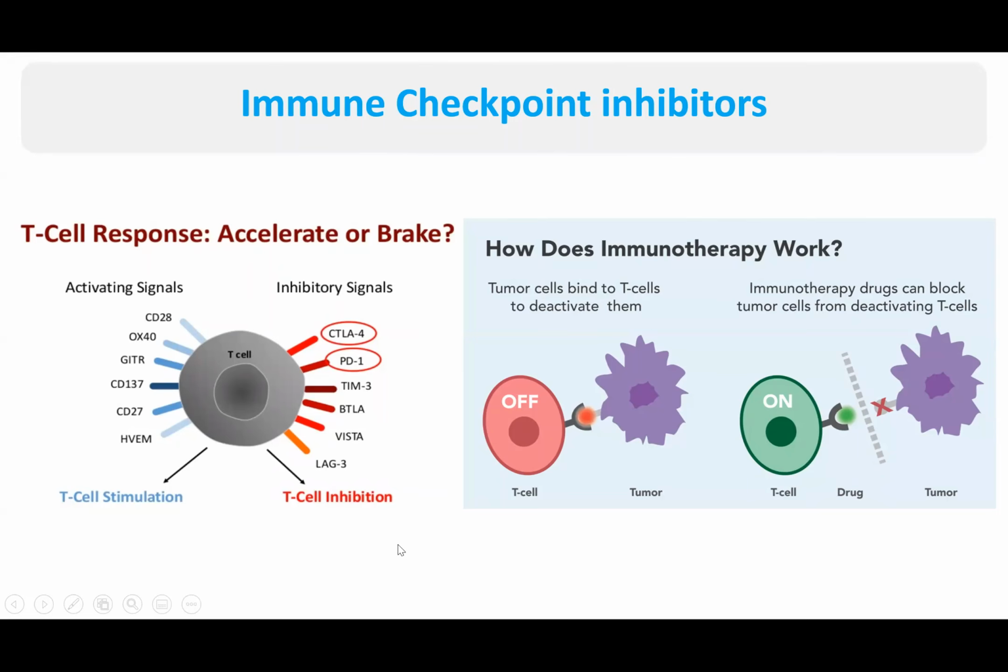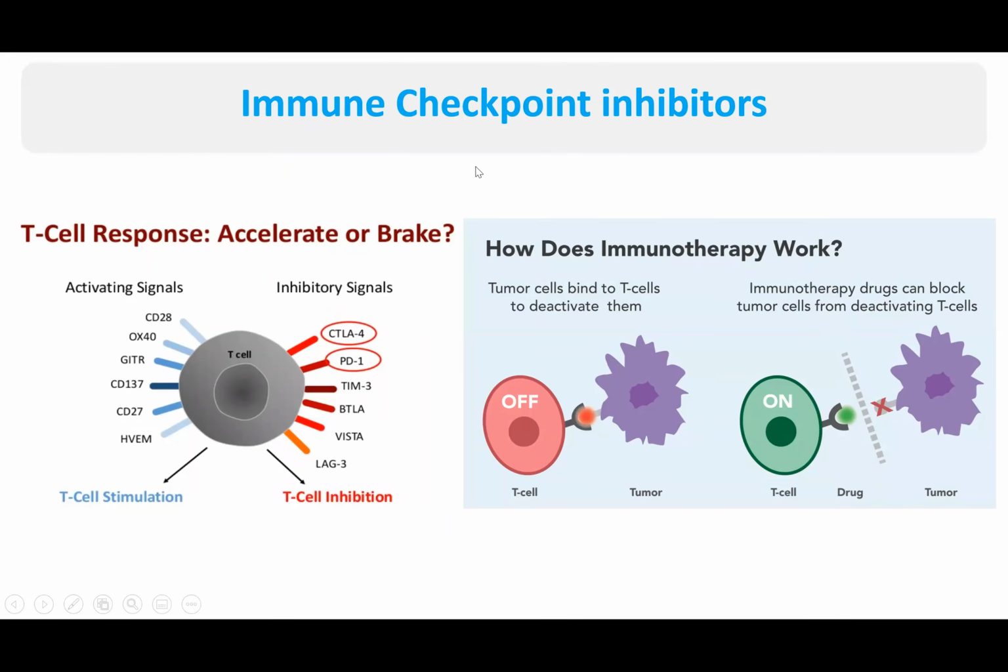Cancer cells, of course, tend to upregulate the inhibitory signals on T cells so that it leads to inhibition of T cells. This is what cancer cells do. So here is the tumor. Tumor cells bind to T cells and lead to their deactivation. How? By activation of these inhibitory signals or inhibition of these activating signals. What can immunotherapy do?